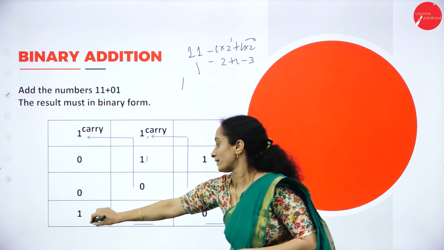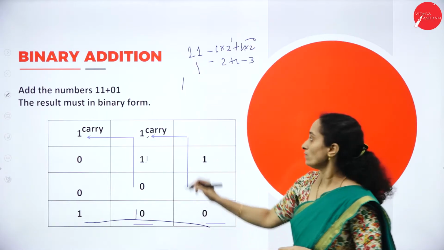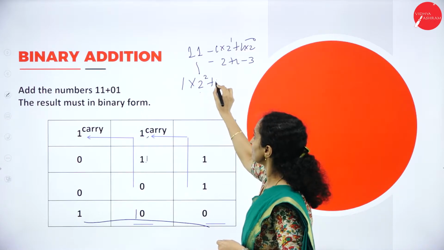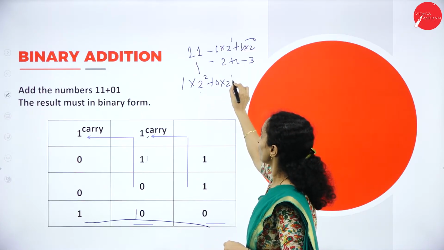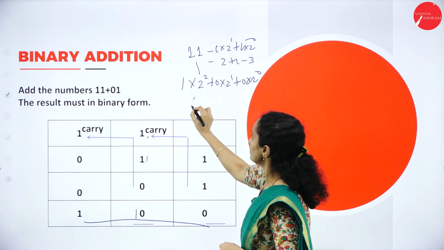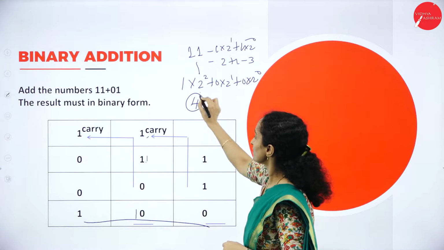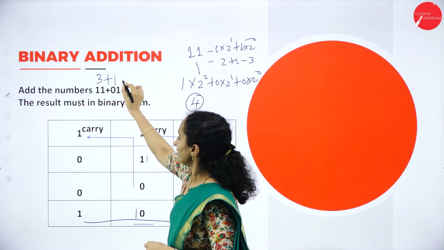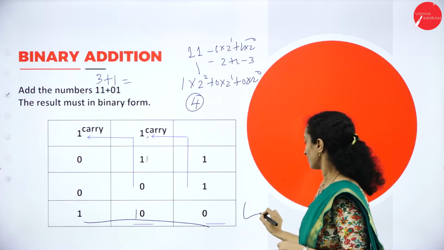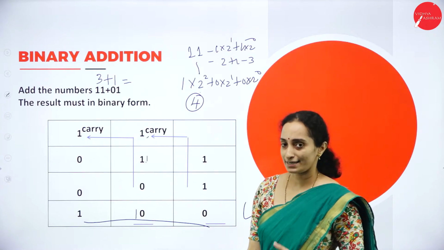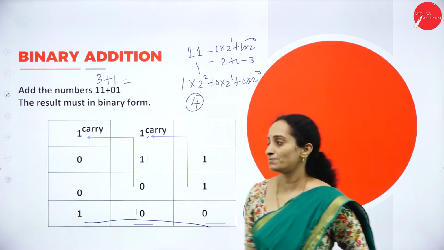The result obtained is 1, 0, 0. So it will be 1 into 2 to the power of 2 plus 0 into 2 to the power of 1 plus 0 into 2 to the power of 0, which results in 2 to the power of 2, that is 4. So we have 3 plus 1 equals 4. So you can counter check the correctness of the operation.